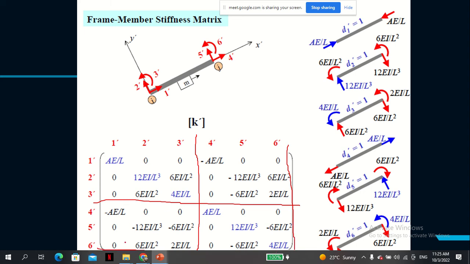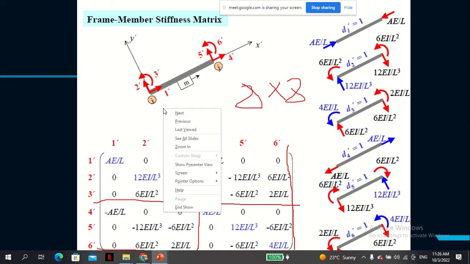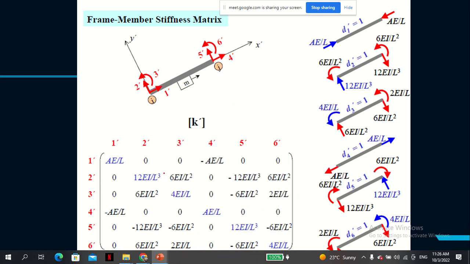So you can see now we'll have added 2 rows here and 2 columns, and now this is 6 by 6, but if there were torsion, this would be an 8 by 8 matrix. So you can see how these matrices are usually simplified. Because the torsion part is not there, the matrix reduces from an 8 by 8 to 6 by 6.